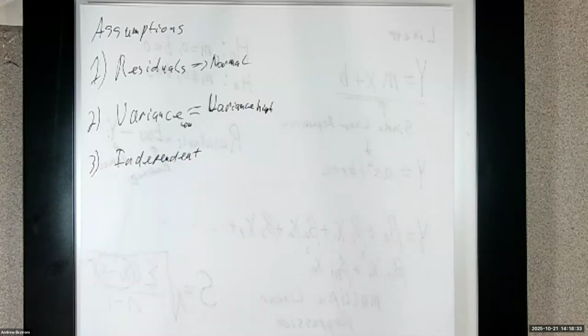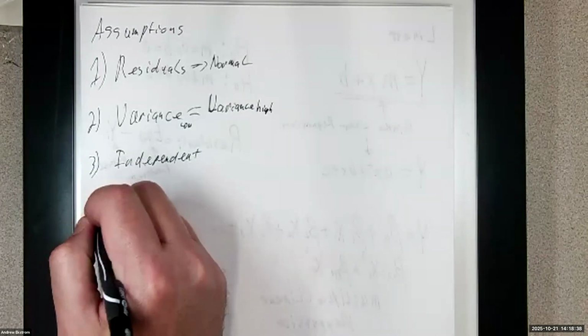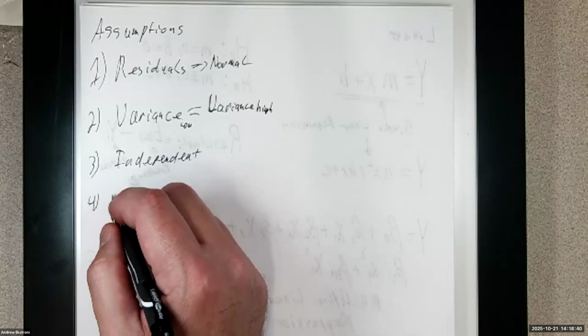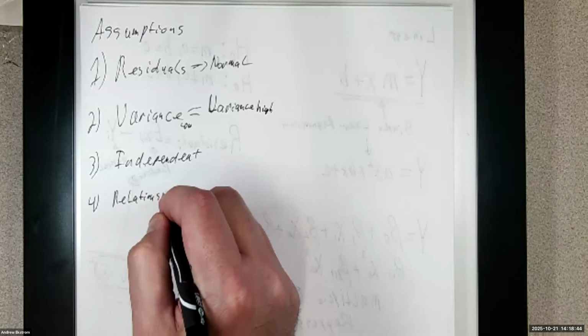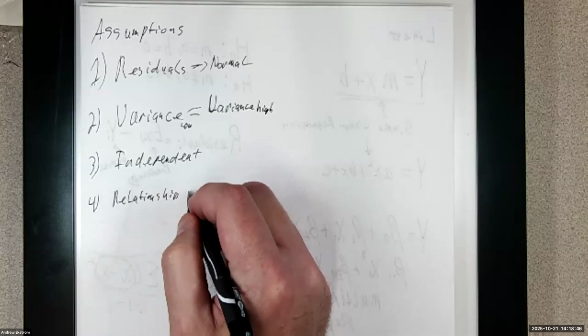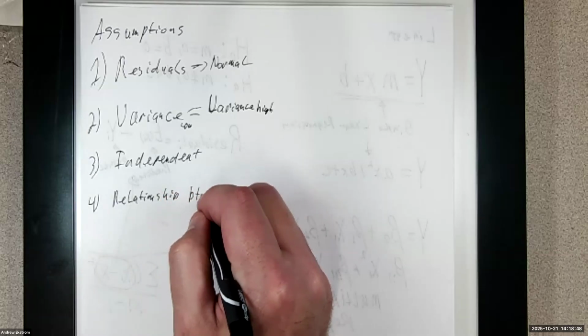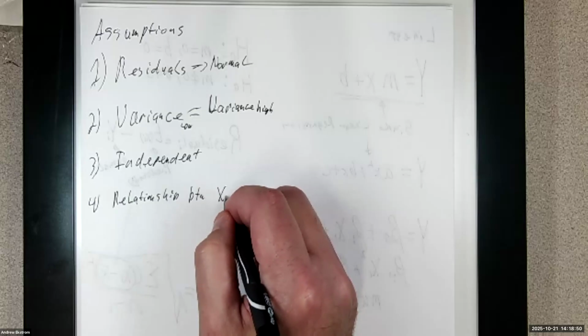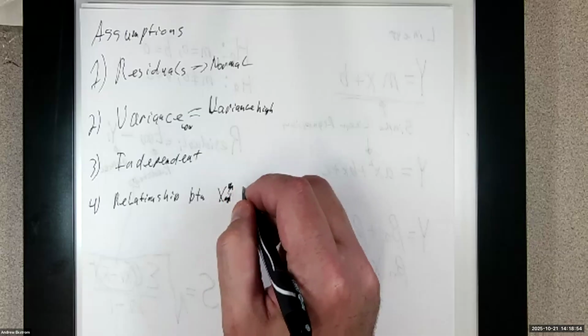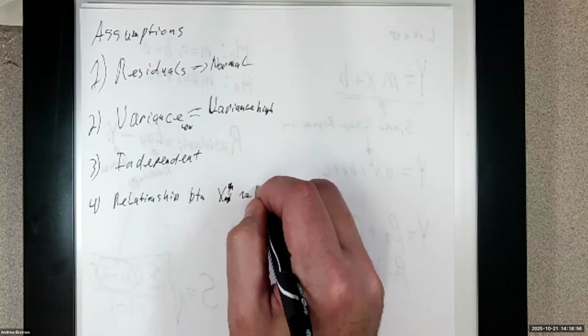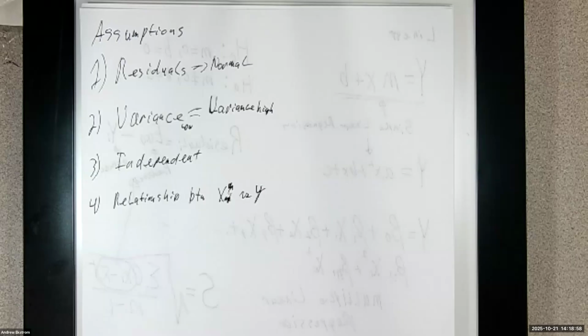Three, again, the data has to be independent of each other. And then four, we assume that there's a relationship between all the x values versus whatever the y value is.